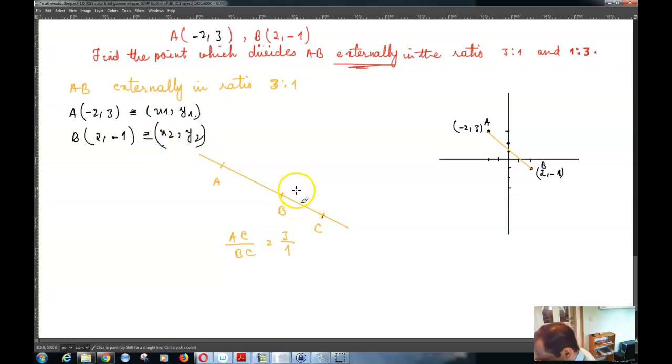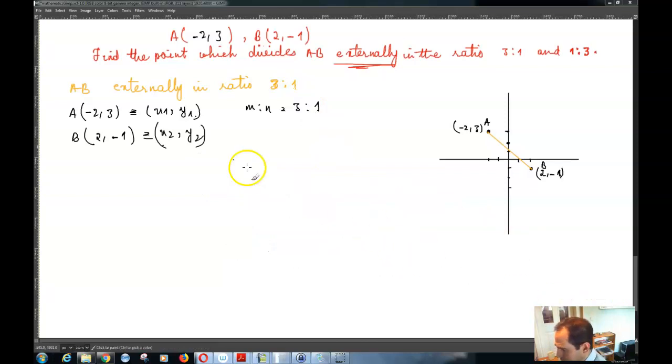And then you need to set your ratio m to n equal to 3 to 1, meaning that m is equal to 3, n is equal to 1. And then use the formula for the external division of a line segment, which is that the coordinates of the point C would be m times x2 minus n times x1 over m minus n.